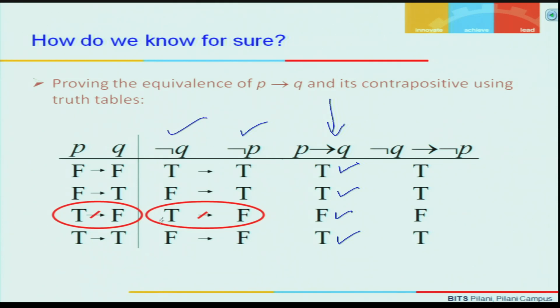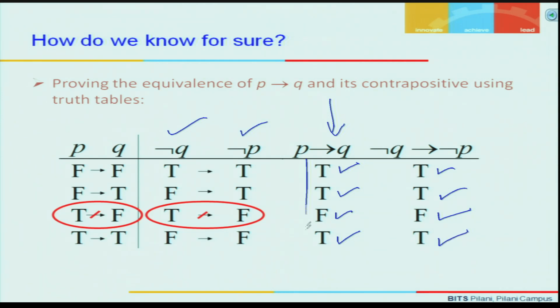And now you see here, not Q implies not P will be false in only one case. That case is when not Q is true and not P is false. Only in this case will not Q implies not P be false. In all other cases it is true. So you can confidently put true over here.